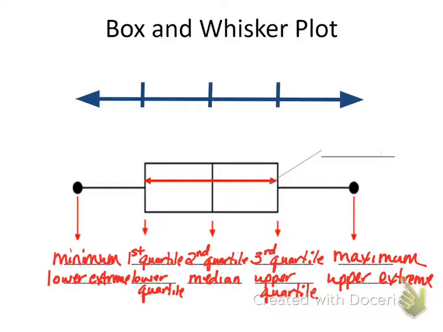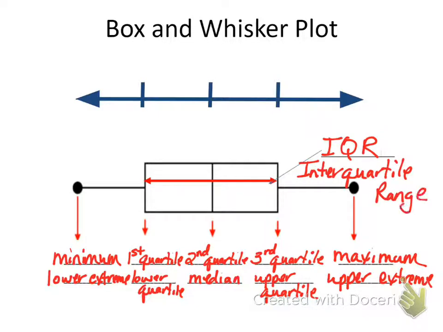IQR. And then I'm going to tell you what that stands for, and you're going to need to write it so you'll remember it. IQR is the abbreviation for interquartile range. Interquartile range, or IQR.